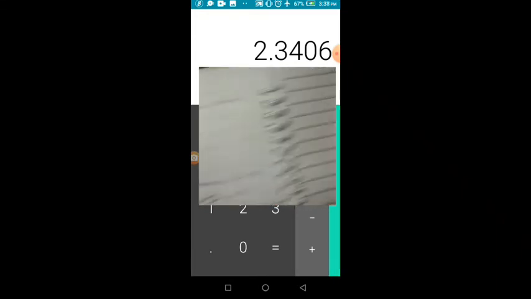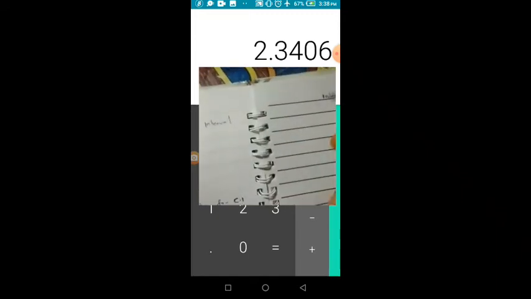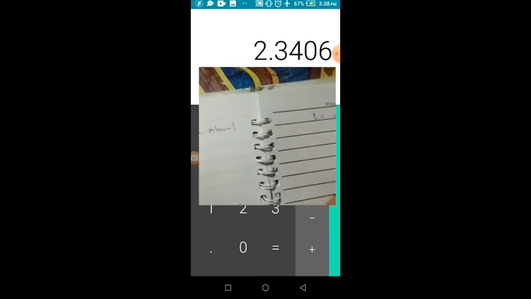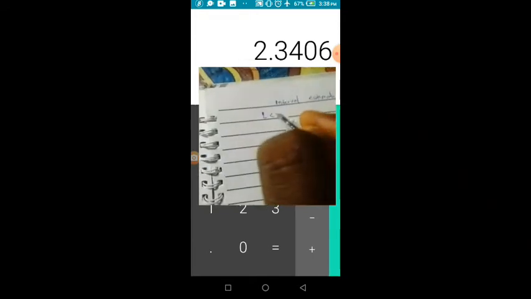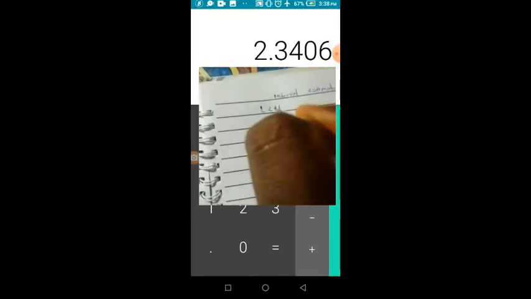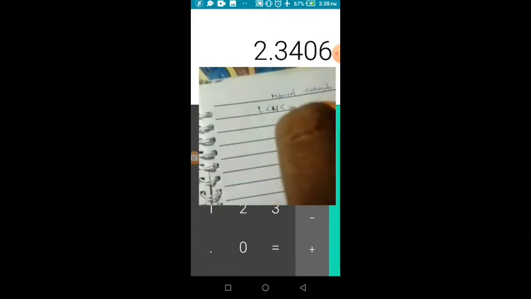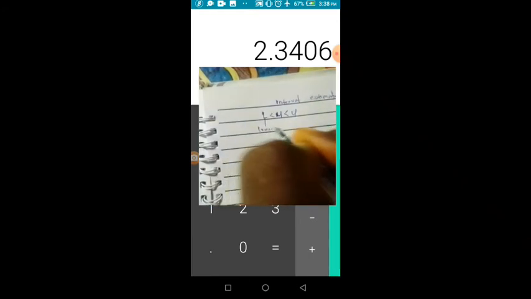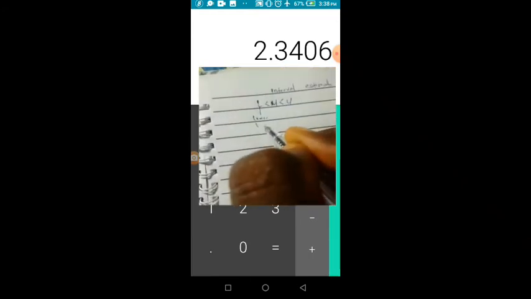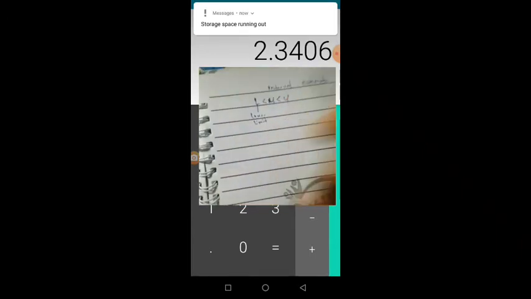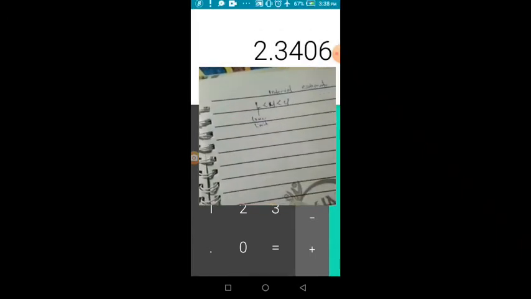The formula is L less than the population mean less than U. This one is the lower limit, and this one is the upper limit.